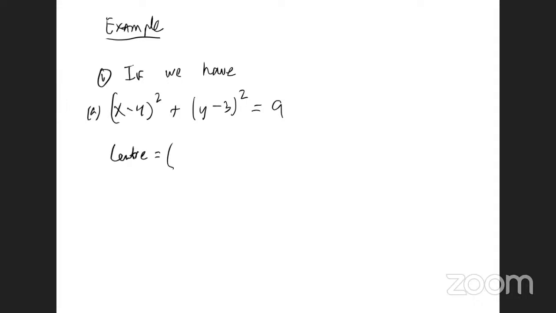Once this value is minus, that is the x value at the center. So the x value is 4. This is minus, so this value here is 3. So the center is (4, 3).